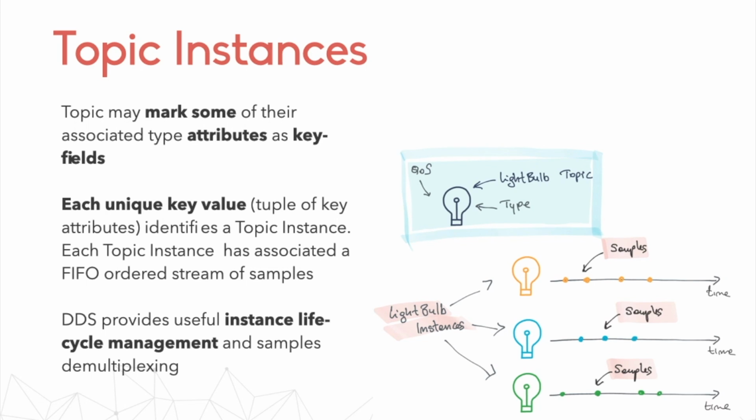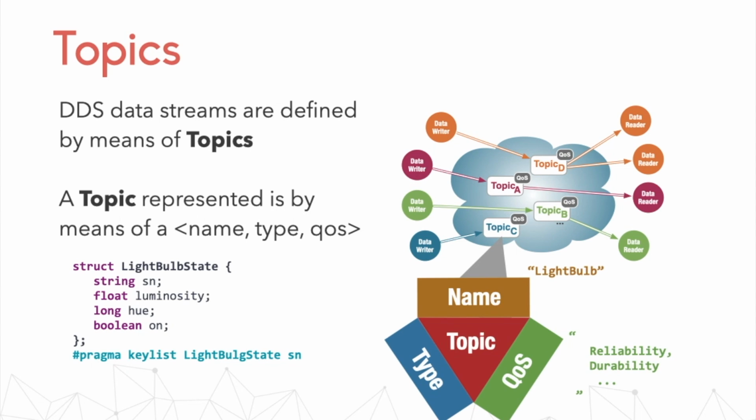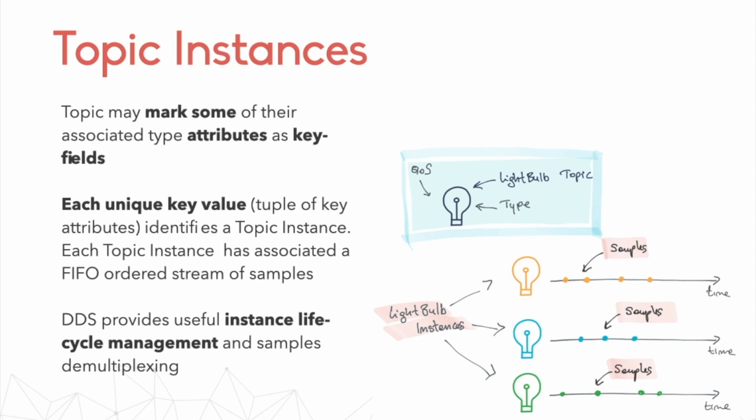If for a moment, as we saw in the previous slides, we look at the annotation at the tail of the struct, which says pragma keylist LightBulbState serial number, then that means that the attribute serial number is the key, which means for each unique serial number, we have a topic instance. So in this case, if you think of three physically distinct lamps, they will have three different serial numbers, and as a consequence, those would be three different instances, each with its own stream of samples, which are indeed FIFO ordered.